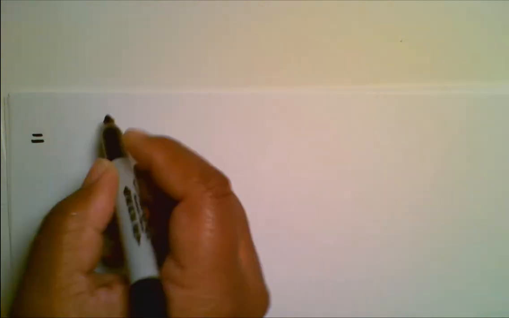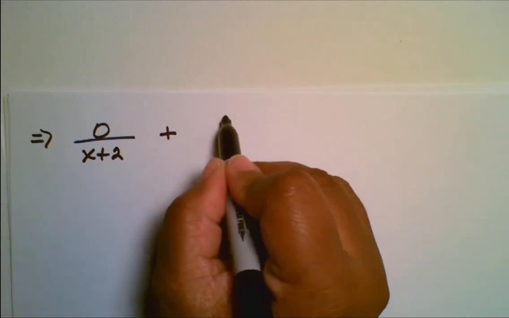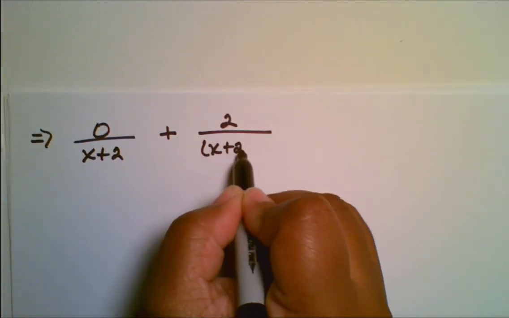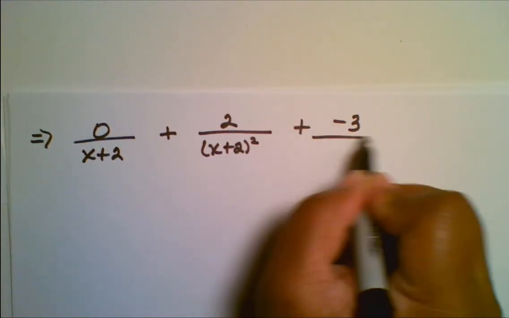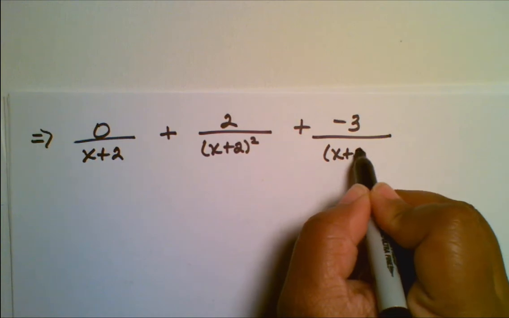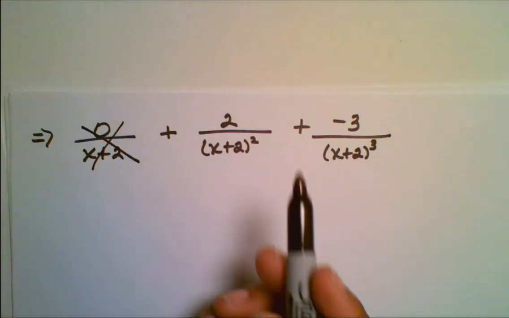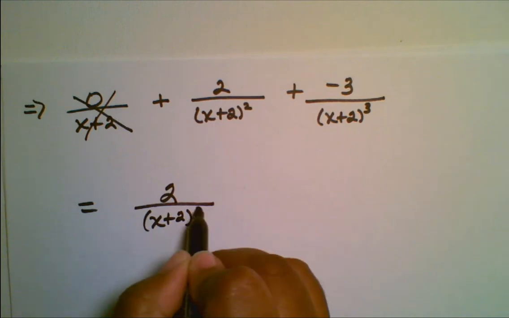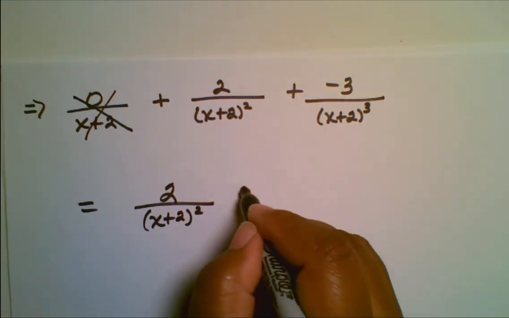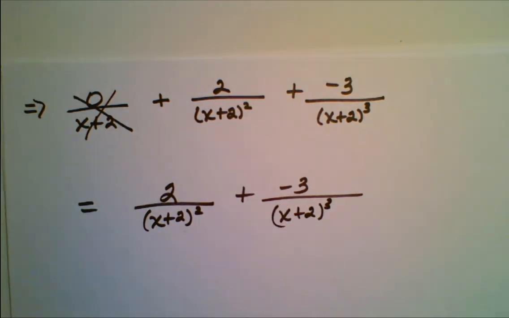We have 0 over (x + 2) plus 2 over the quantity (x + 2) squared plus negative 3 over the quantity (x + 2) cubed. And because we have 0 over (x + 2), that's 0, our answer is 2 over (x + 2) squared plus negative 3 over (x + 2) cubed. There we go.